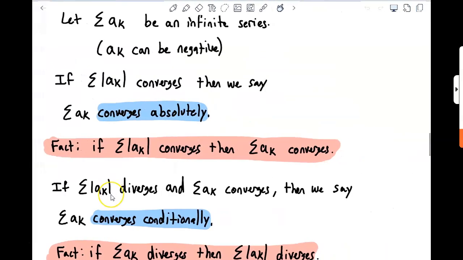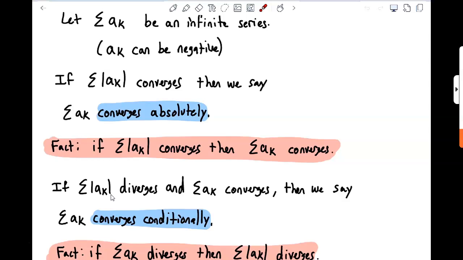Remember, the idea is simply this. If we have an infinite series, if the sum of the absolute value of the terms converges, we say it converges absolutely. And of course, an immediate consequence of that is if the series of the absolute values of the terms does converge, then so will the other series, whether it's alternating or weird series or whatever.